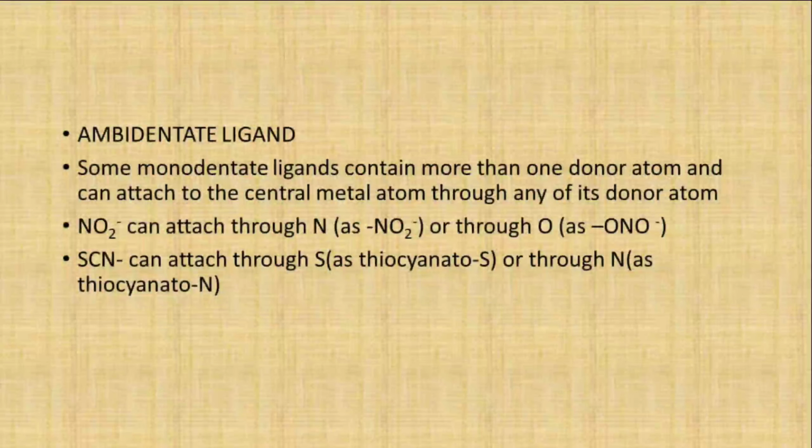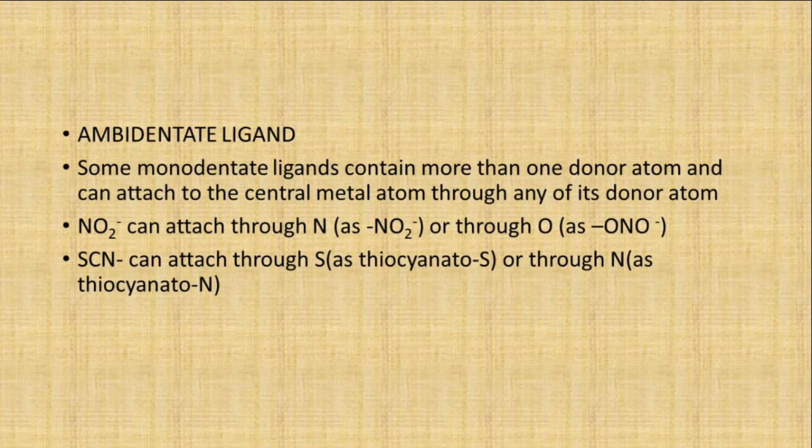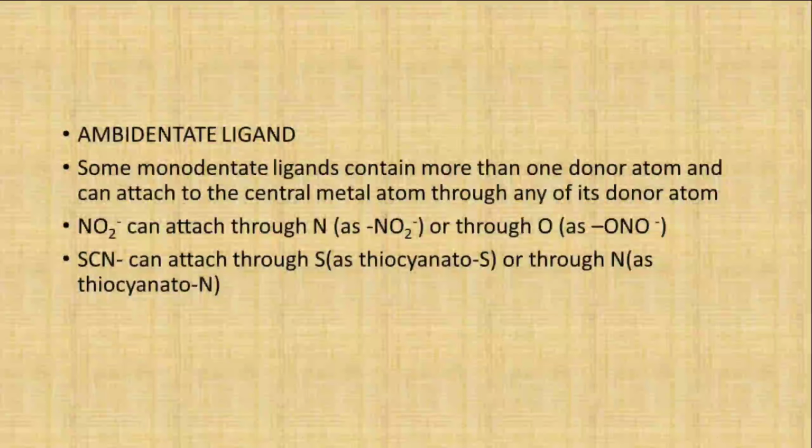Now we'll see what is an ambidentate ligand. Some monodentate ligands contain more than 1 donor atom and it can attach to the central metal atom through any one of its donor atoms. For example, if you take NO2 minus, it can either attach to the central metal atom with N or with O. So it could be either with N or with O, not simultaneously.